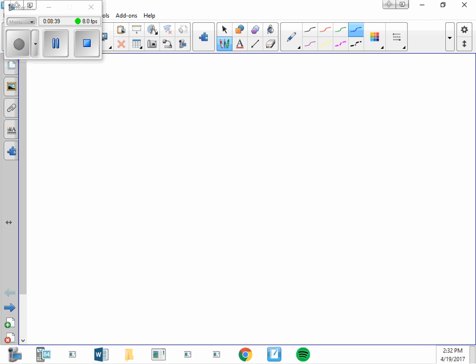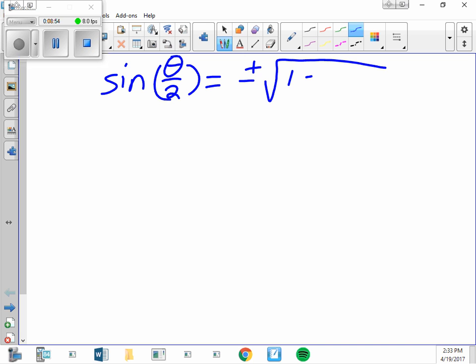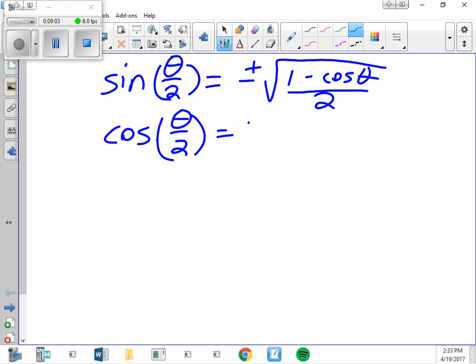Look at number 7. Half angle formulas. So the half angle formulas are sine of theta over 2 is plus or minus the square root of 1 minus the cosine of theta over 2, or the cosine of theta over 2 is plus or minus the square root of 1 plus the cosine of theta over 2.